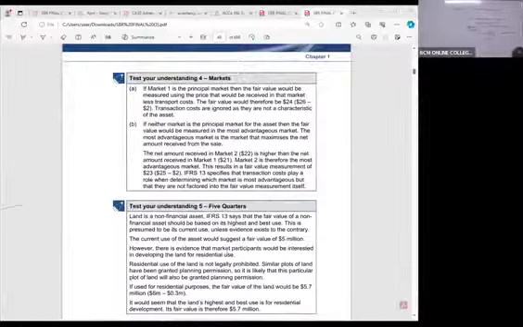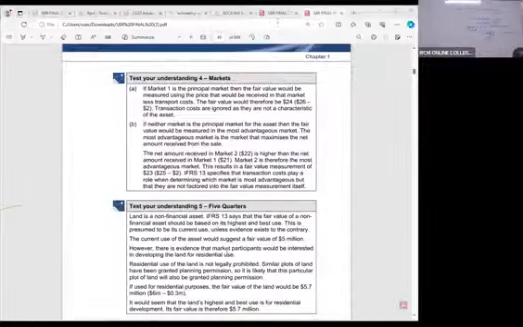Residential use of the land is not legally prohibited. Similar plots of land have been granted planning permission. So it is likely that this particular plot of land will also be granted planning permission. If used for residential purposes, the fair value of land would be 5.7, which is 6 minus 0.3. So it would then seem that the land's highest and best use is for residential development. So its fair value is therefore 5.what here?